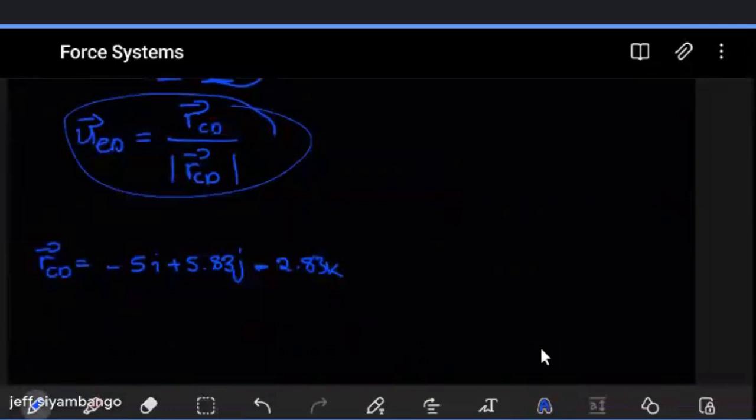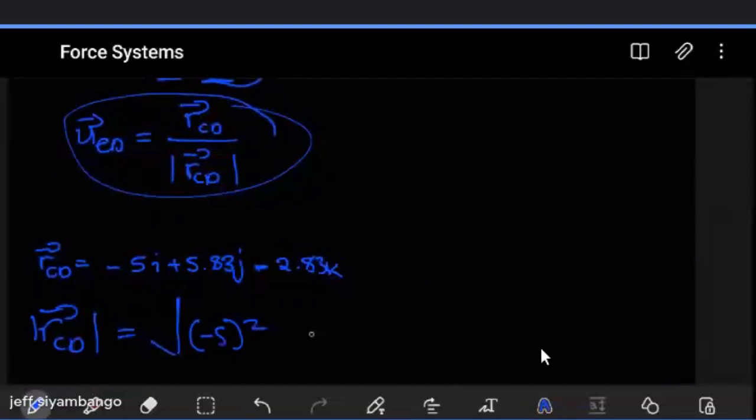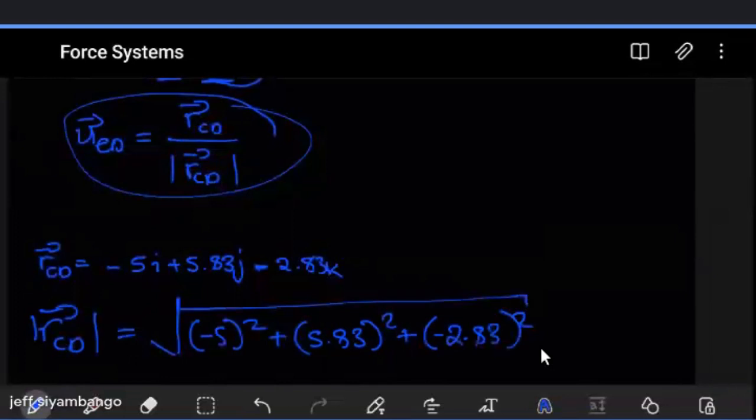The goal is to get the unit vector. So if we're going to use RCD to get the unit vector, we need its magnitude. So the magnitude of RCD will be given by, so you know how we get the magnitude. It's the square root of every bit there squared. So it's going to be minus 5. Don't forget to square the signs as well. So this is going to be 5.83 squared as well. Then plus minus 2.83 squared as well. So if you do this, what would be your magnitude?